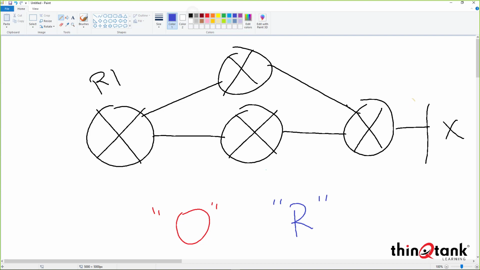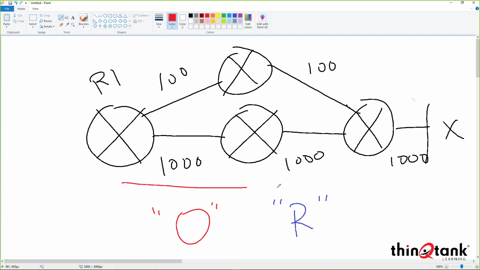Let's say that this link is 100 meg, this link is 100 meg, this link is a gig, this link is a gig, and this link is a gig. All right? OSPF is going to choose this path because pretty much the only component of the OSPF metric is bandwidth.